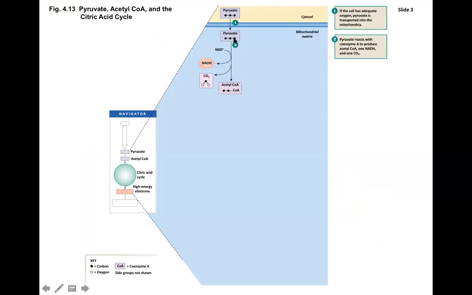So we know that there are 3 carbon atoms within pyruvate. It's immediately converted into an acyl group, or a 2-carbon unit, or an acetyl group. And this enzyme called coenzyme A attaches to it. In the process of this pyruvate getting converted into acetyl-CoA, there is a carbon dioxide that's released.